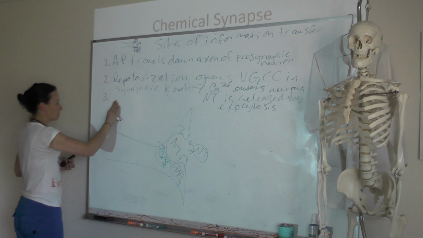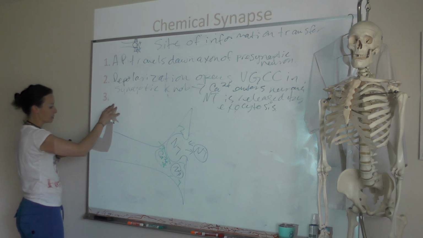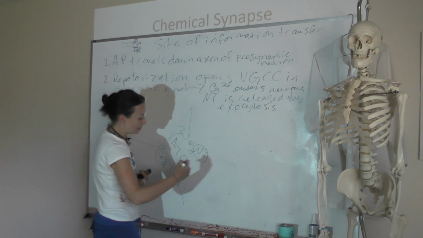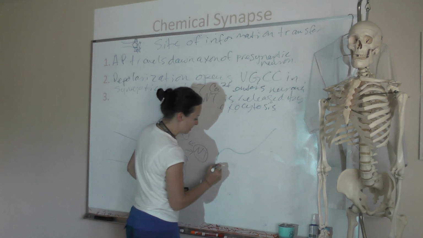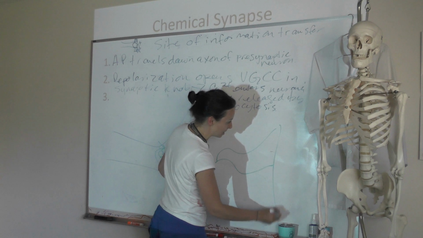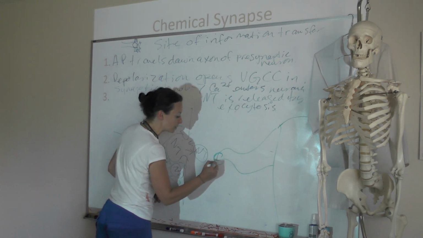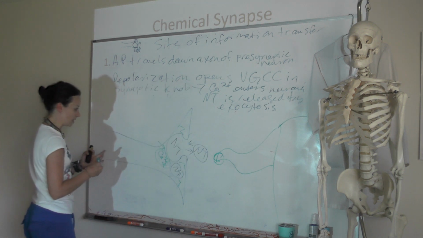So now this neurotransmitter is going to enter the synaptic cleft, cross the synaptic cleft, and bind to its specific receptor on some part of the receptive segment of the postsynaptic neuron. And it's got to be the specific receptor for this neurotransmitter.